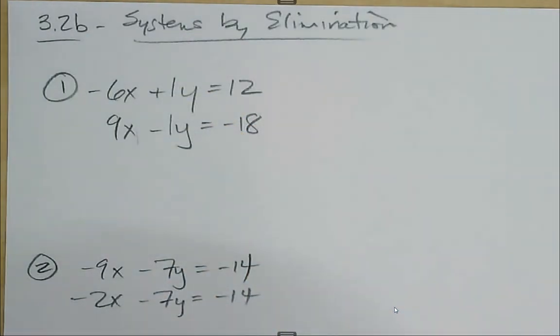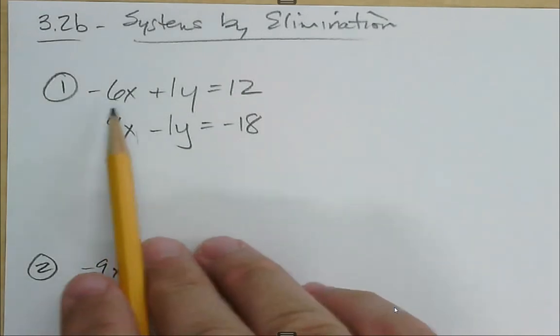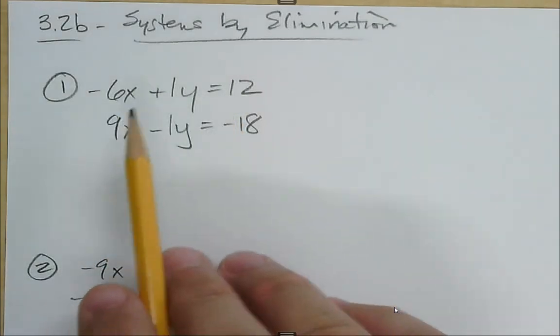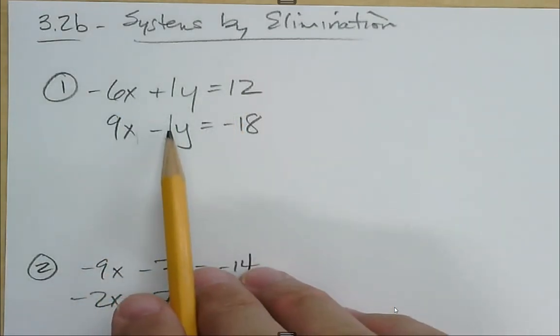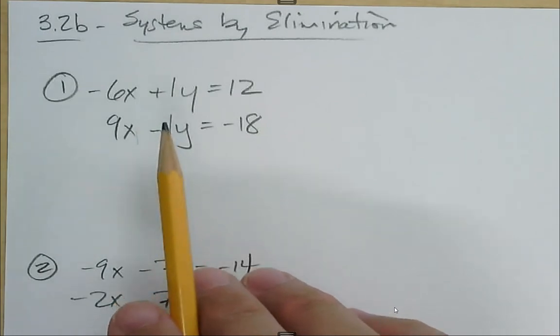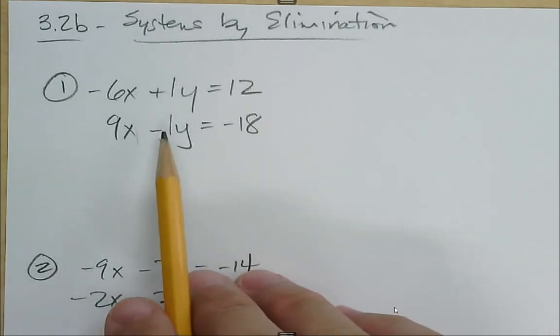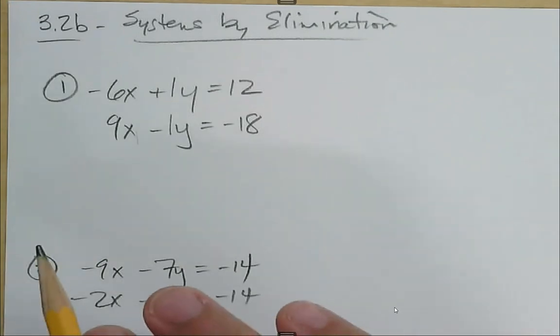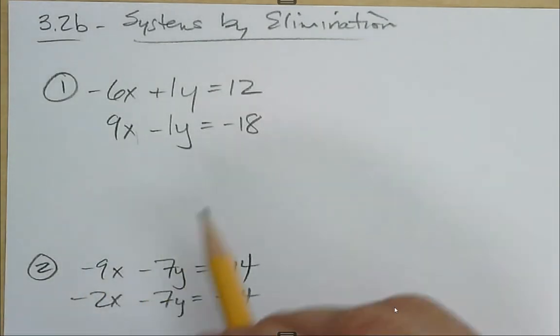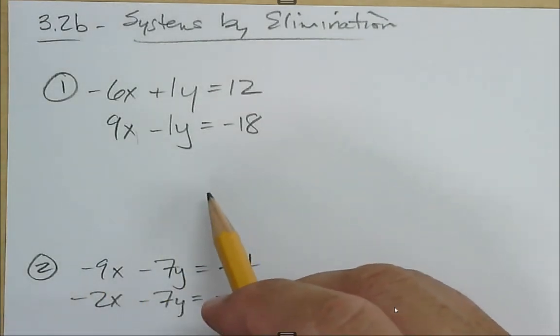When you have a common coefficient like that, it's kind of a best case scenario. You've got both equations in standard form, and you've got one coefficient that's already the same. Then that really lends itself to elimination. This can be a very quick method. I think that's why I like it a lot better than any of the other methods for solving systems.